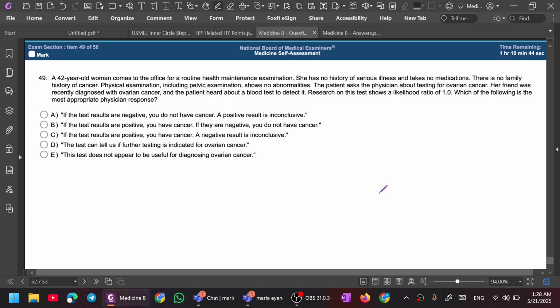The patient asks the physician about testing for ovarian cancer. Her friend was recently diagnosed with ovarian cancer, and the patient heard about a blood test to detect it. Research on this test shows a likelihood ratio of 1. Which of the following is the most appropriate physician response?